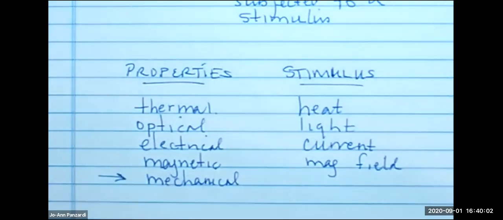Those of you who took materials already, mechanical properties are elasticity, plasticity, toughness, resilience, strength. What is the stimulus that is applied to a material in order for you to look at mechanical properties? Force.